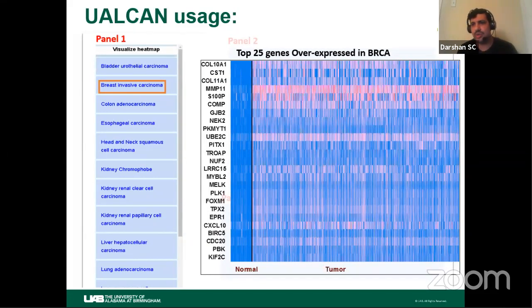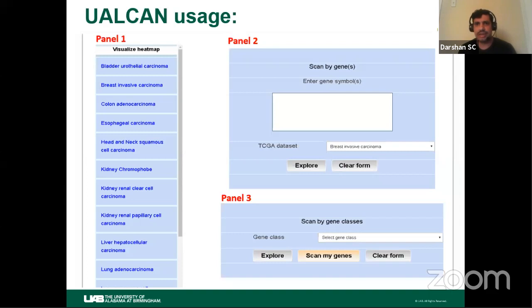It doesn't make sense to compare 300 tumor samples versus 2 normal samples, so we don't make that kind of comparison. Only those cancers which have at least 10 or more normal samples are considered for this feature. I hope that is clear now.